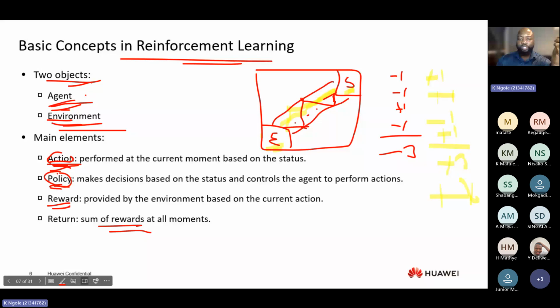But if it bumps into the wall, it gets a -1 reward, which is a punishment. Okay, so the total accumulated reward over time will help the learner, which is the agent, to learn what is the right action.